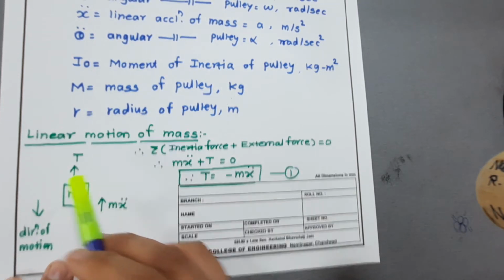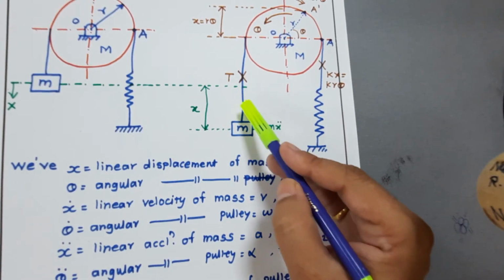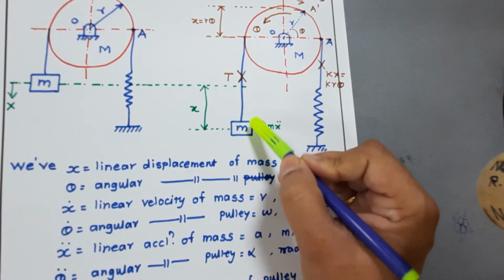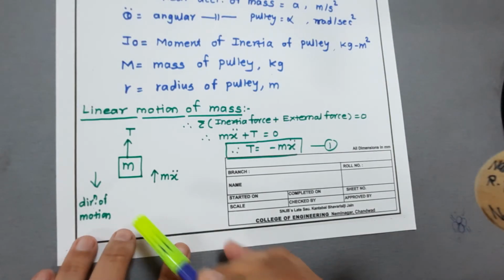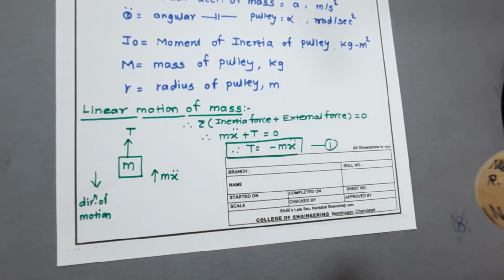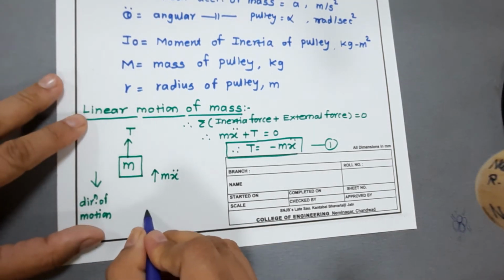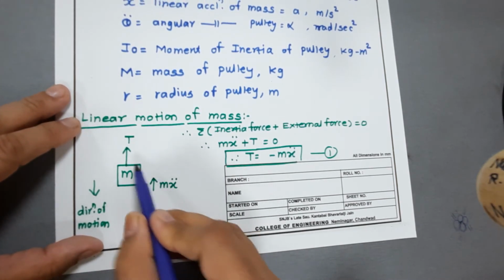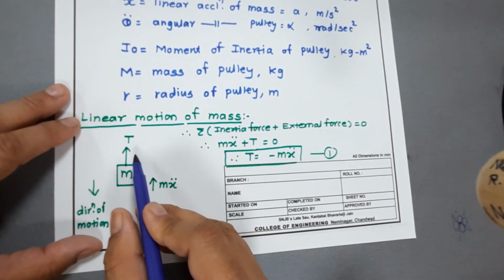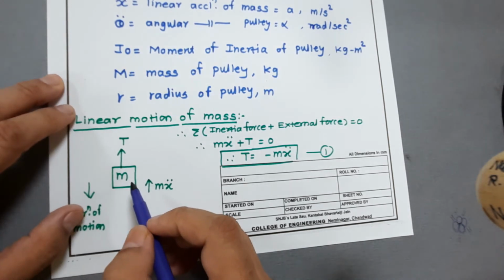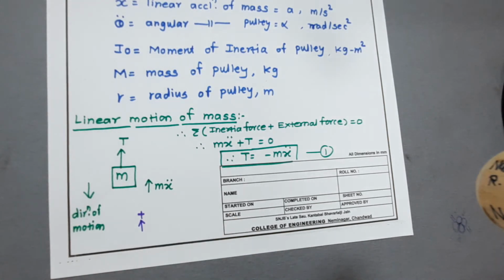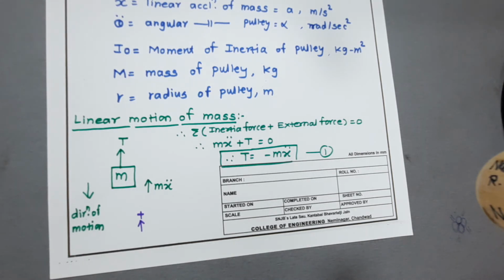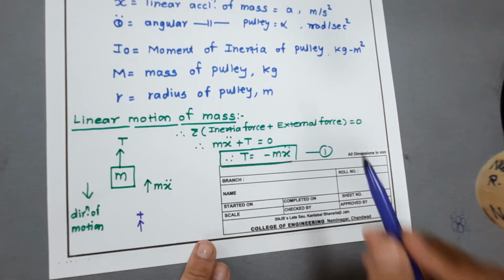T is the tension, which is shown here, acting in the upward direction. Here we use a sign convention: upward forces are taken as positive. So m x double dot and T act in upward directions, and we take them as positive. We solve this numerical by using the energy method or D'Alembert principle, which states that the summation of inertia forces plus external forces acting on the system is equal to 0.